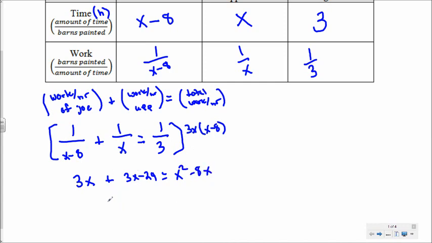Combining like terms, I'll end up with x squared minus, let's see, these will combine to give me 6x, subtracted over will give me 14x, and add the 24 over, and I get plus 24.